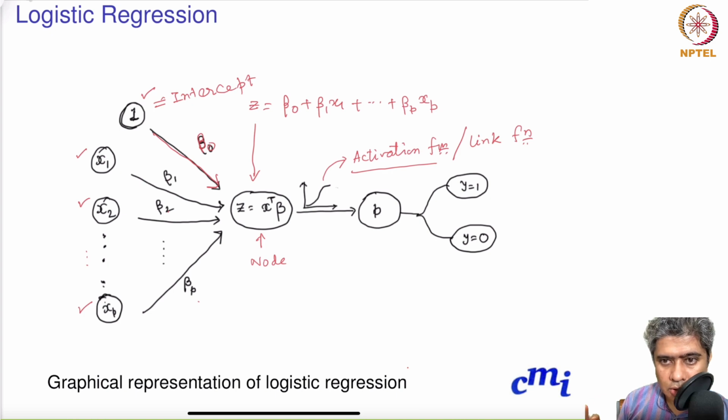Typically it has sigmoid type behavior, and then you get a p, and with probability p you say I'm observing y equal to 1 or y equal to 0. In typical machine learning literature they will say cat and dog. So this is the graphical representation of logistic regression, or a single node neural network.